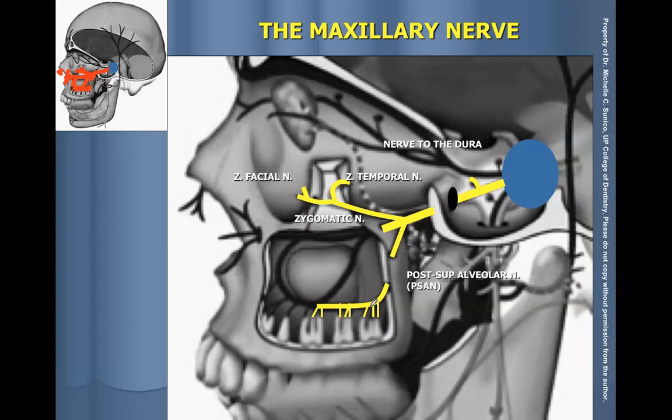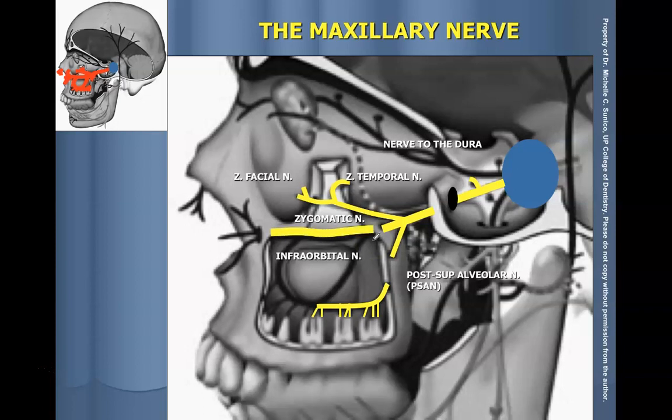Once the posterior superior alveolar nerve is given off, the main trunk now enters a canal, which we call the infraorbital canal. Do you remember the previous slide? Once the nerve is inside the infraorbital canal, the main trunk, which is the maxillary nerve, will now change its name into the infraorbital nerve.